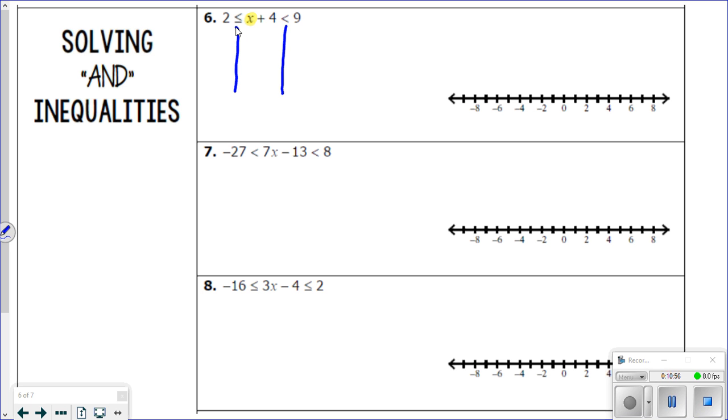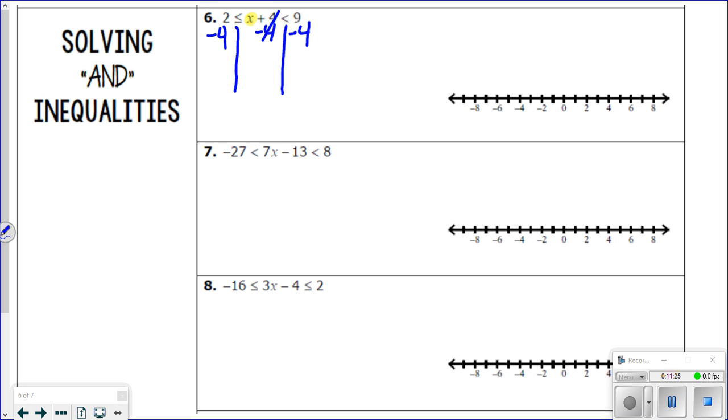So if I look at the middle, what's next to the x? It says +4. So I need to cancel out or get rid of that +4. So the opposite is to subtract 4, and that cancels. But whatever I do to the middle or to the center, I need to do to my 2 outsides. To the left, so subtract 4, and over here on the right, subtract 4.